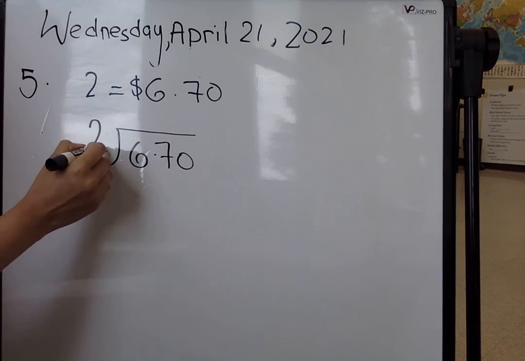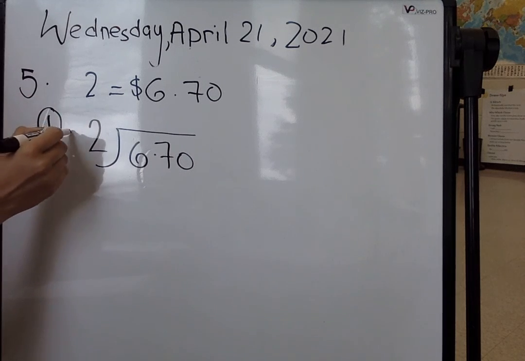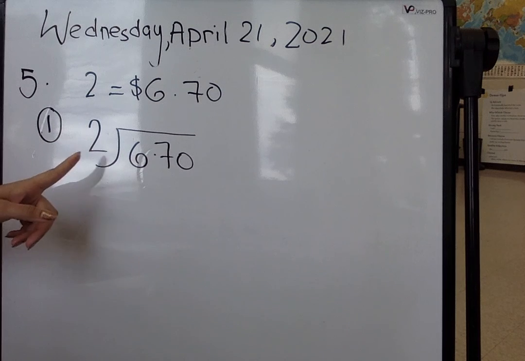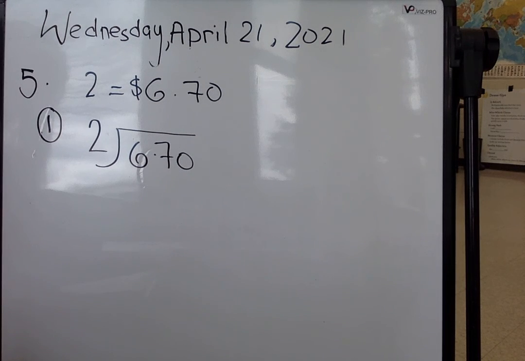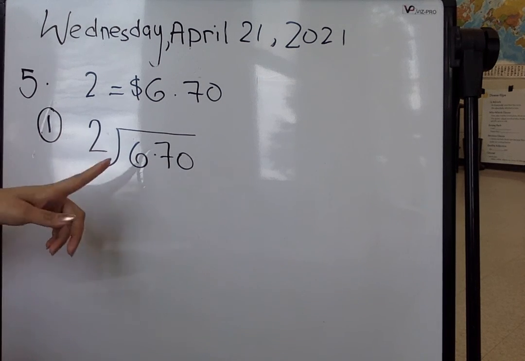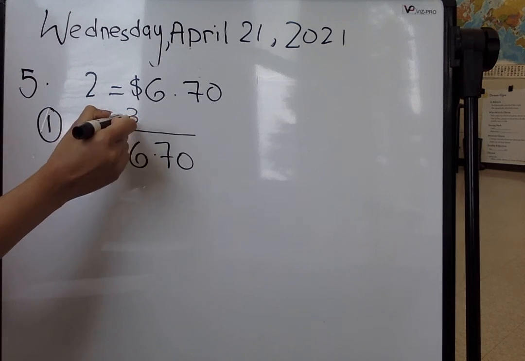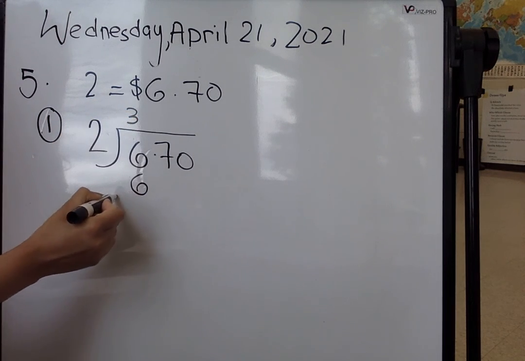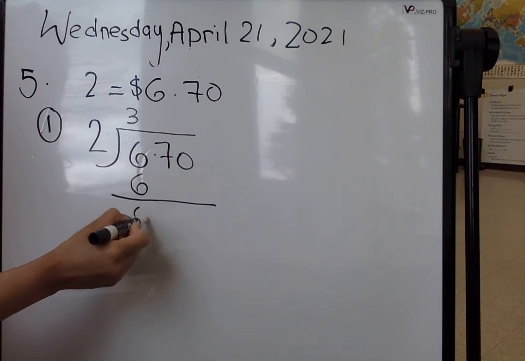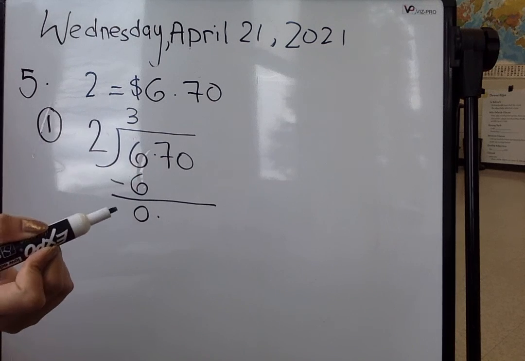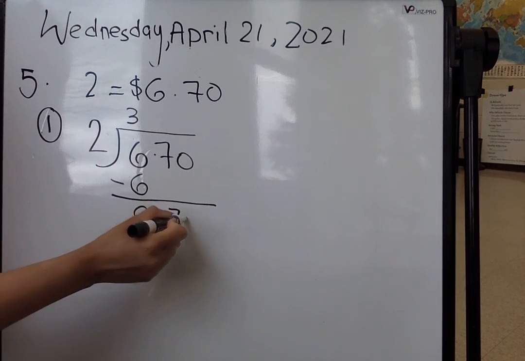So first step, grade 4s, this is your first step. We are going to divide 6.70 by 2. So let's go ahead. 2 times 3 gives us 6. I'm left with nothing because I subtract. I bring my decimal down. Now I can bring my 7 down.